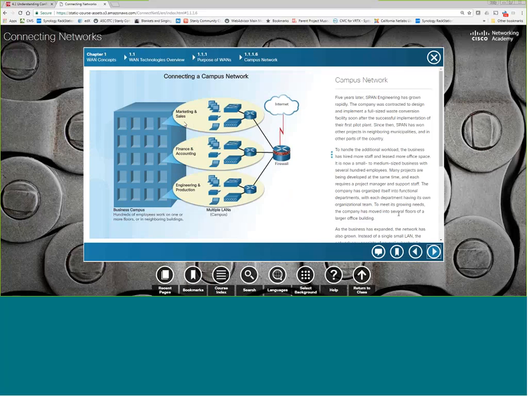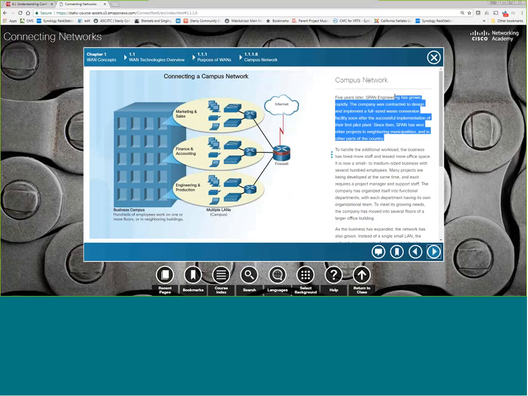Here's connecting a campus network. We're looking at different VLANs: marketing, sales, finance, accounting, engineering, production, all connected into routers, which then connect to a firewall and go out to the internet. So this is a business campus. And this is all about a fictitious company called Span that is growing.